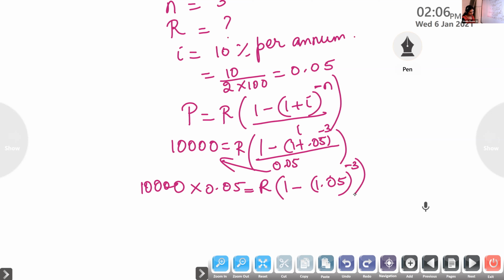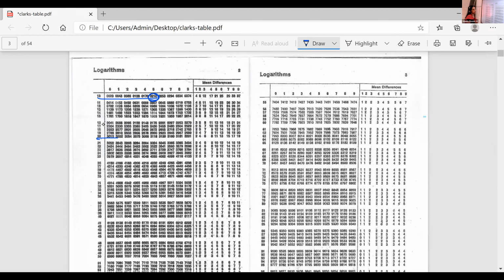How to take the value? So log 1.05 is 0.0212.